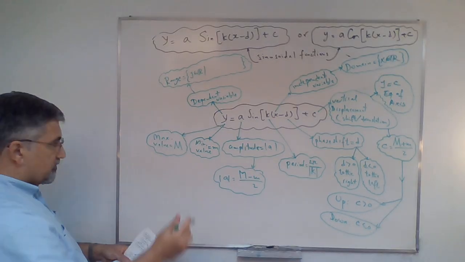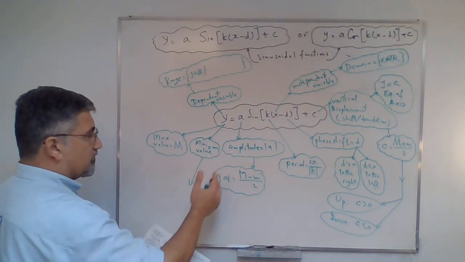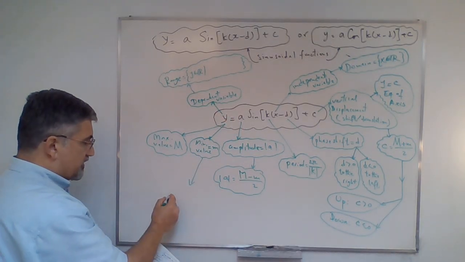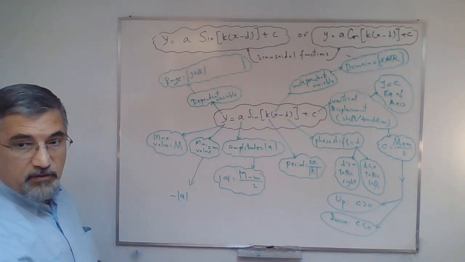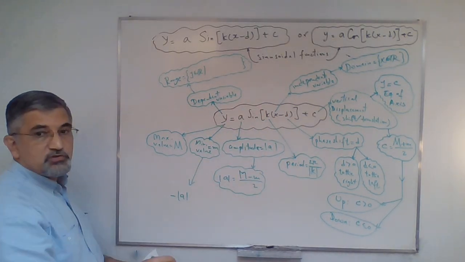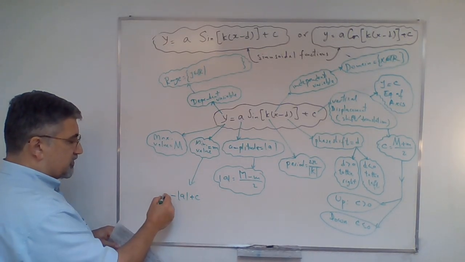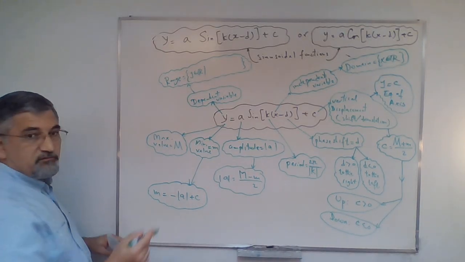And to find the min value, you can take the negative of the amplitude, which was absolute value of A. But because there's sometimes some vertical shift involved, we're going to add C as well, and we're going to say this is the formula for the minimum value of a function.